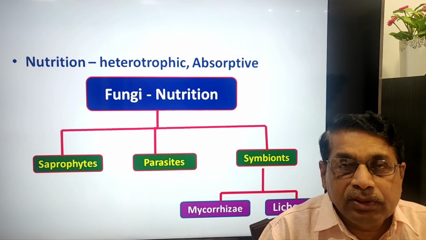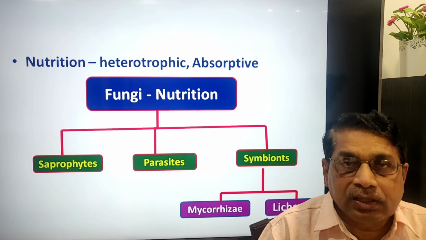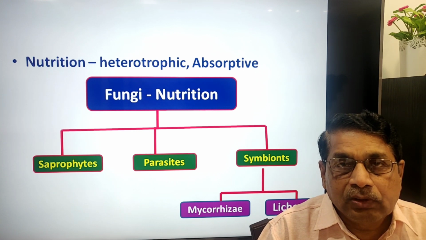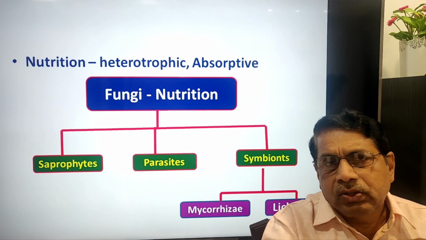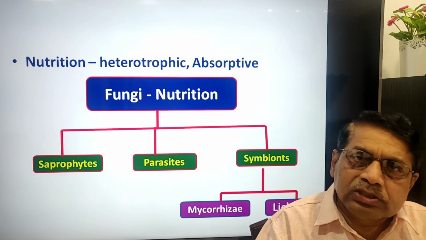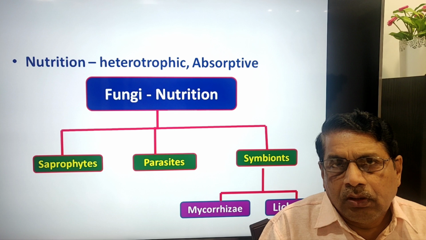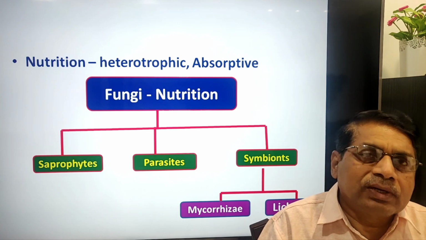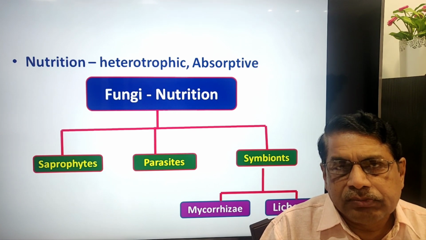A mutually beneficial or symbiotic association between a fungus and the root of a higher plant is called mycorrhiza. The mycorrhiza is quite common in angiosperms. This is also found in gymnosperms. The fungus helps the plant root, and the root in turn helps the fungus, especially with phosphorus nutrition.